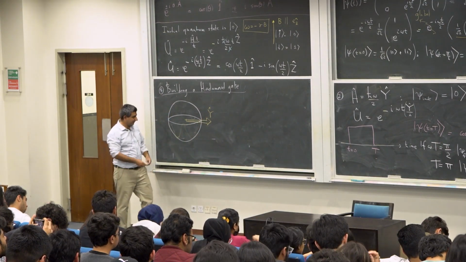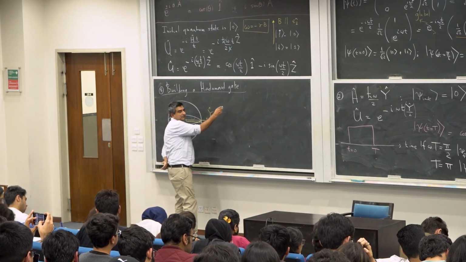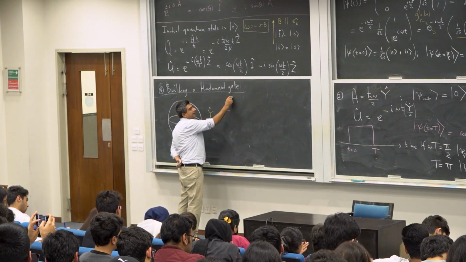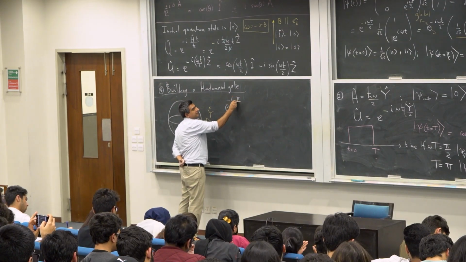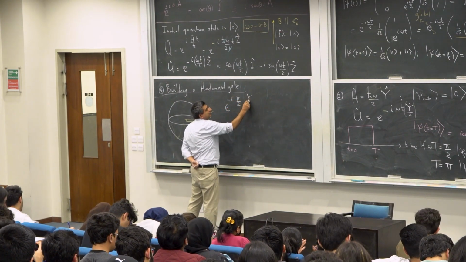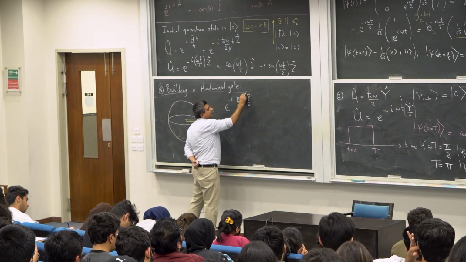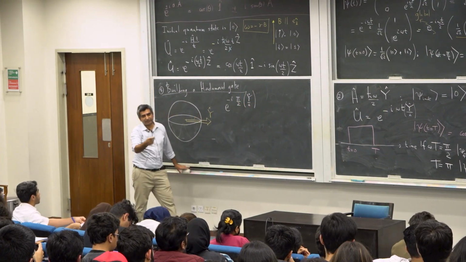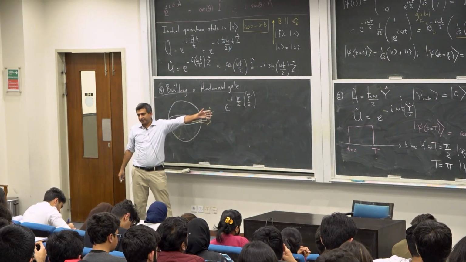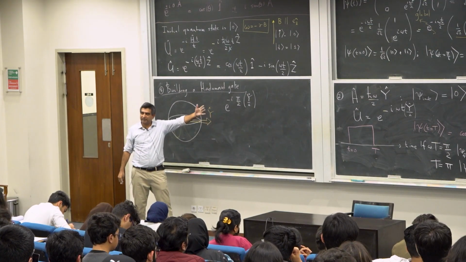That's what you propose. So you're proposing this e to the minus i, with the amount of rotation being 90 degrees about the y-axis. So this is your prescription. You can write the matrix for this using the theorem, another homework problem.